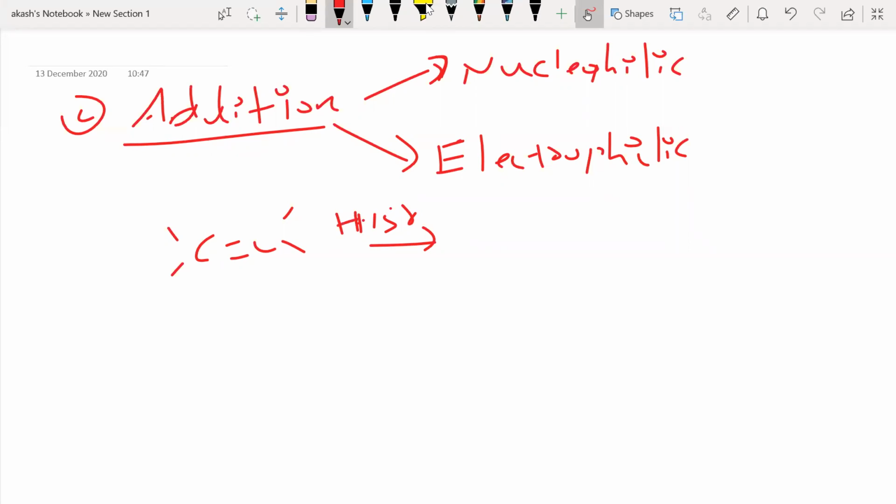So now we know what is going to happen. Why do I call it electrophilic and why do I call it nucleophilic is because of the mechanism. Again, you have to know the mechanism to understand the difference between electrophilic and nucleophilic addition reaction.